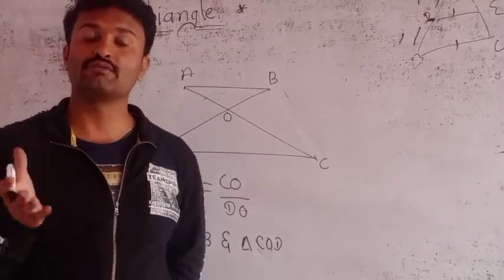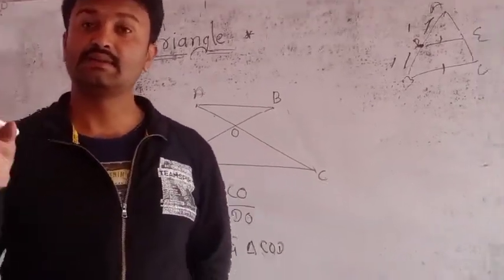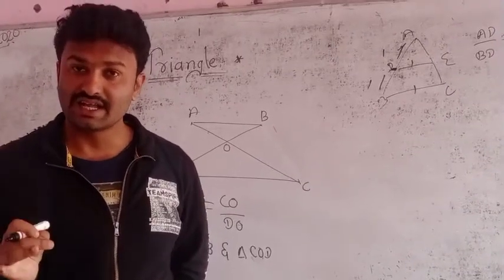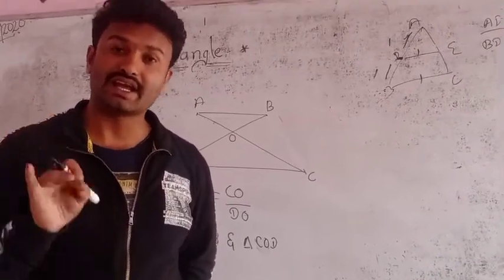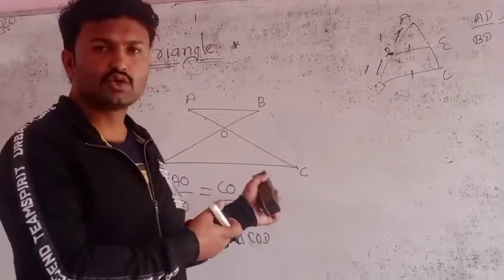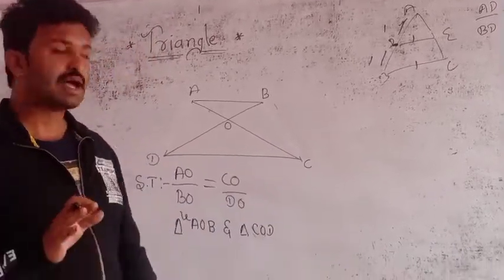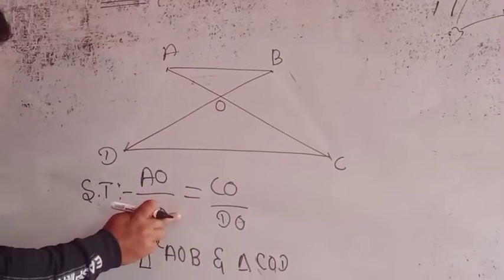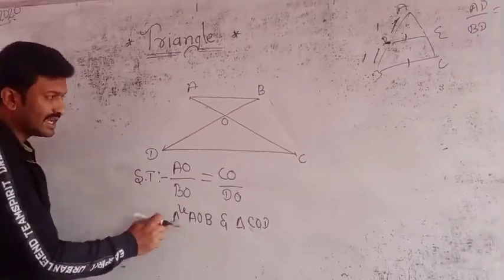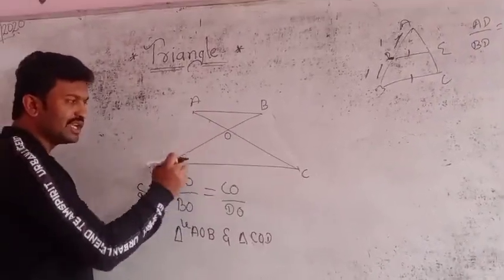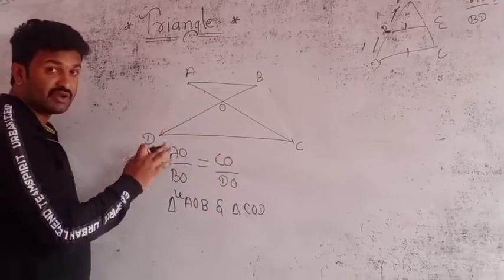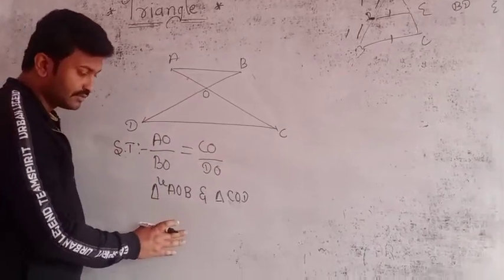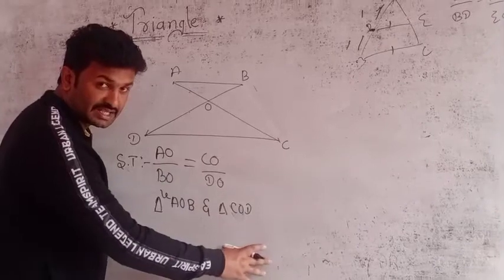We can show the similarity by SAS, SSS, AA criteria or AAA criteria. Take the use of any criteria. I'll consider these two triangles to prove this one. In these triangles, you have to show the right statement and reason.